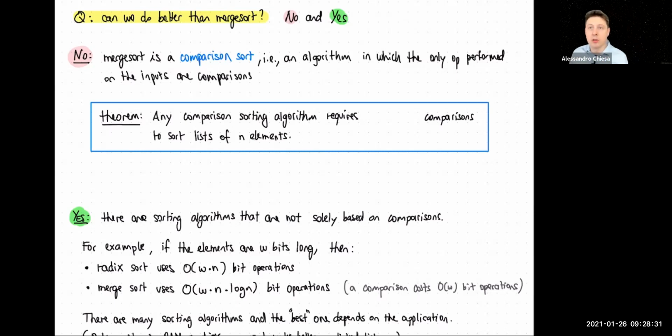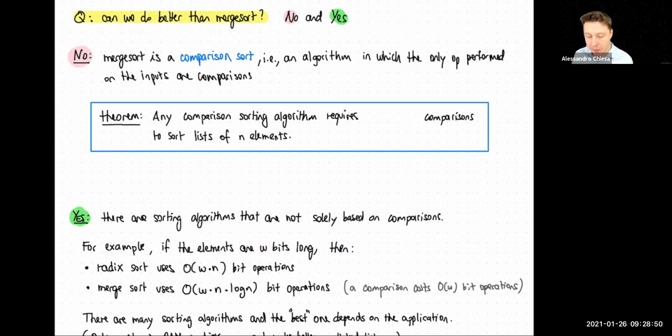So when the algorithm picks up A1 and A2, it is not allowed, for example, to add them up or to divide them. It is only allowed to ask the question, which one is bigger? And then it will move on from there depending upon the logic of the algorithm.